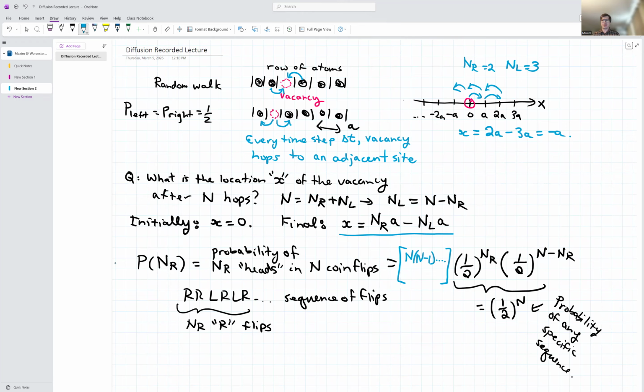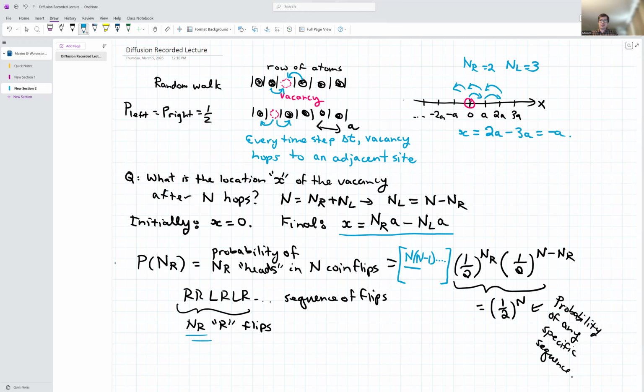But this is overcounting. This would be the total number of arrangements of the flips, all of the different orders, because we don't care about the order. We just care that the total number of flips to the right is equal to n sub r.